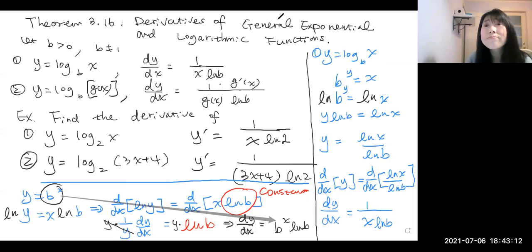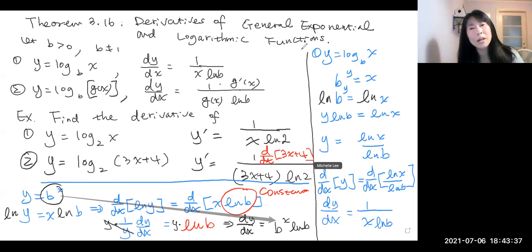I have a quick question before you erase. For the second example, is it just 1 over 3x plus 4 times ln 2, or are we also supposed to take the derivative of 3x plus 4? Good point. So we do take the derivative, okay? We forgot, a common mistake, right?